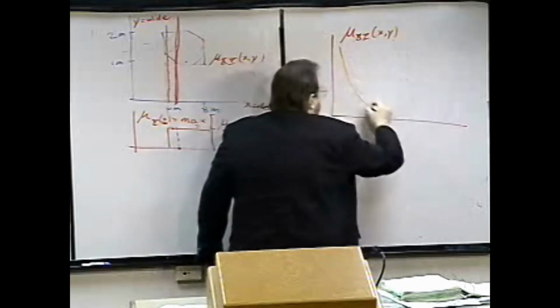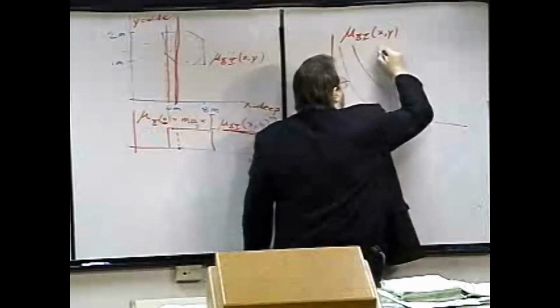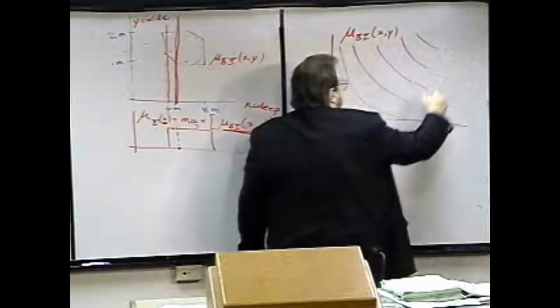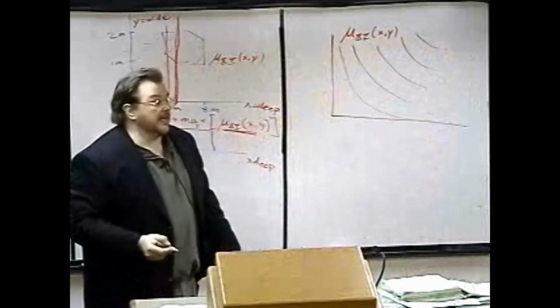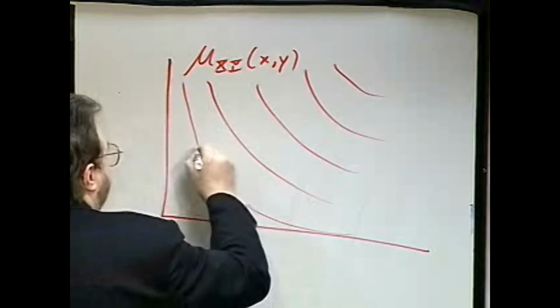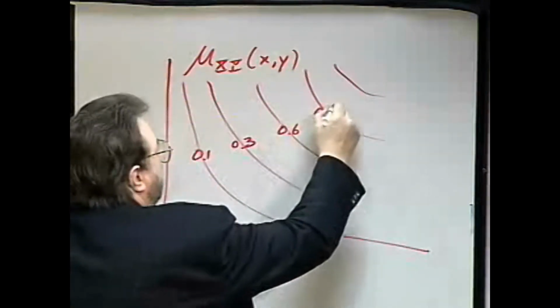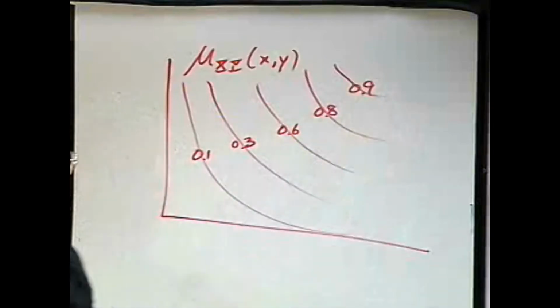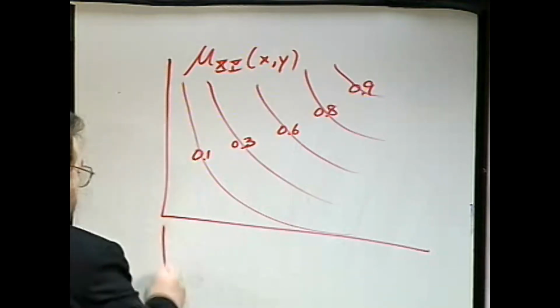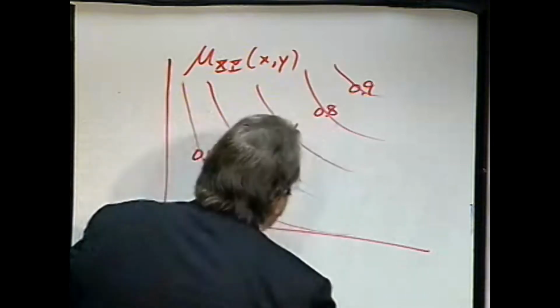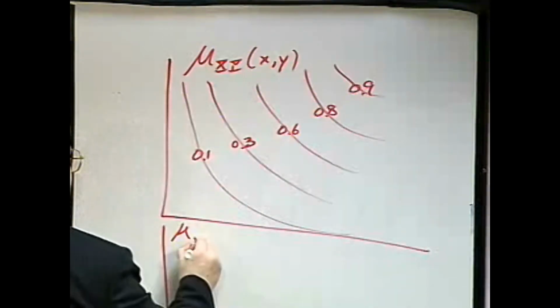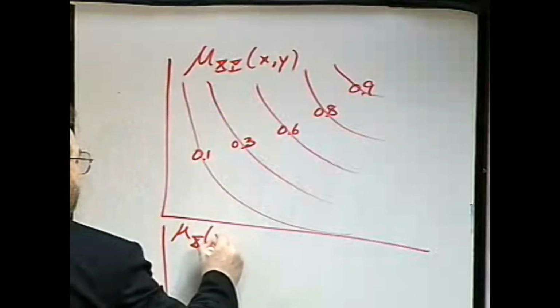This is what we decided was the contours for deep and wide sort of lakes, right? So here we had 0.1, 0.3, 0.6, 0.8, 0.9, something like this. So this is the contours for the joint membership function for lakes that are deep and wide. Now, we don't want deep and wide. We just want deep. So we just want the fuzzy membership function for mu sub x of x.